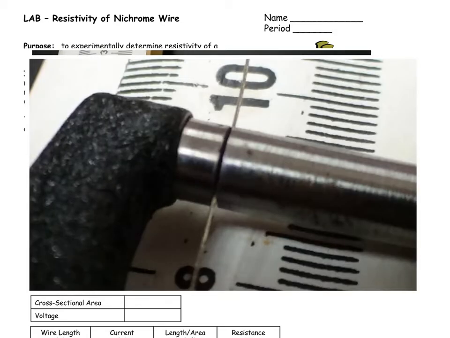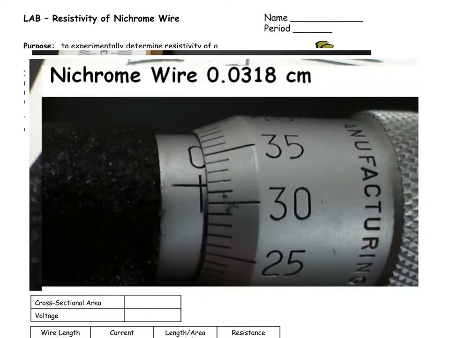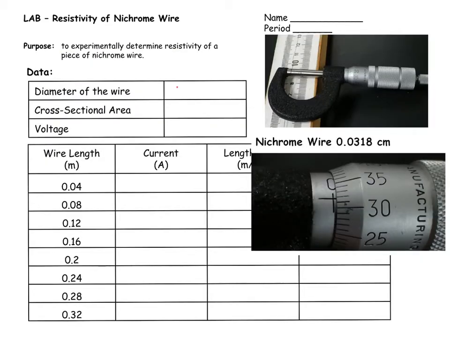Here we have the caliper clamped down on the very thin wire, and its diameter is 0.0318 centimeters. Let's write that in our data table: 0.0318, in centimeters.